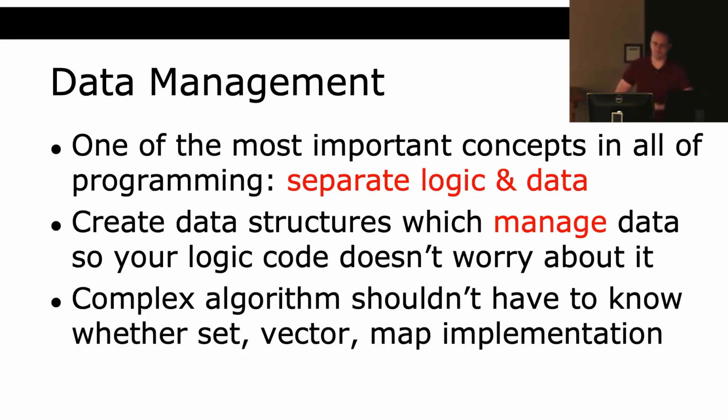And so your complex algorithm should, like I said, just say, give me some data, or take this data, or store this, or log this. It should never need to know all of those implementation details. So whether it's a set, or a vector, or a map, or a dictionary underneath the hood, it shouldn't need to know, you shouldn't need to parse all of those details while you're trying to write this complex physics equation or something like that.